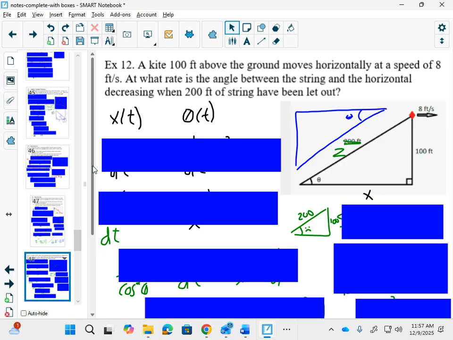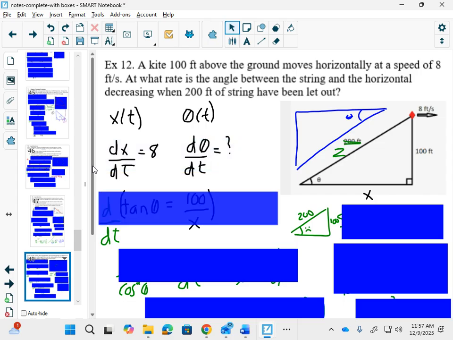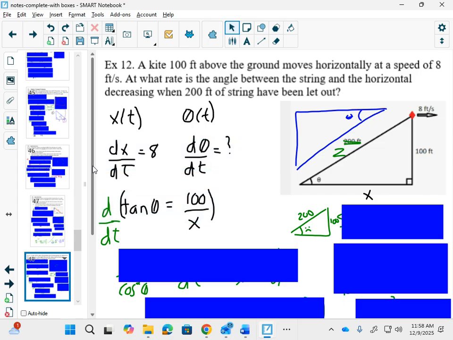X of t is changing. Theta of t is changing. Technically, z of t is also changing because you're letting out string. Okay? But can we make an equation just with x and theta? Yes. We can make an equation with tan. These are almost exclusively tan questions.